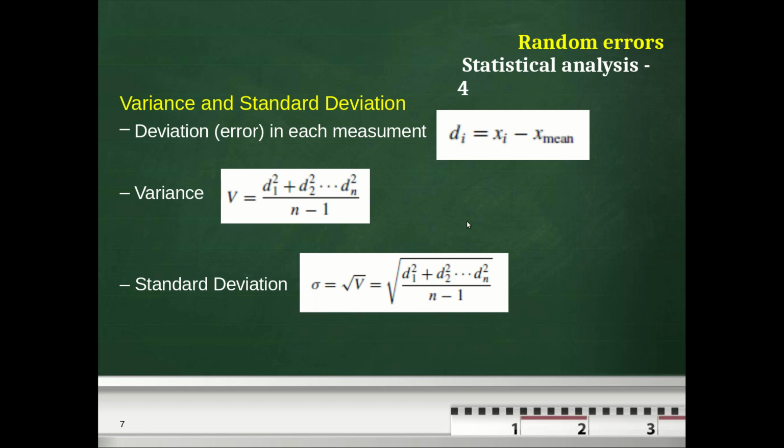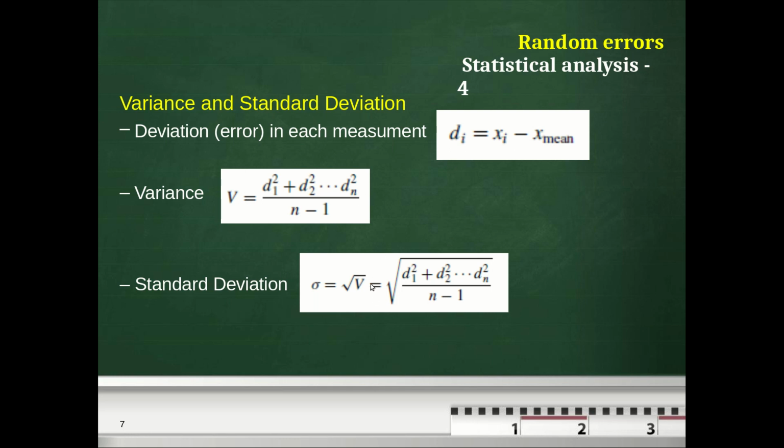Now we have another thing to measure from the statistical analysis. We have the deviation error, which is how a value is deviated from the mean value. So any measurement x minus the x mean gives the deviation. If you take the summation of the square of all the deviations and divide it by the number of measurements, then you have the variance, and for the standard deviation, you take the square root of the variance.